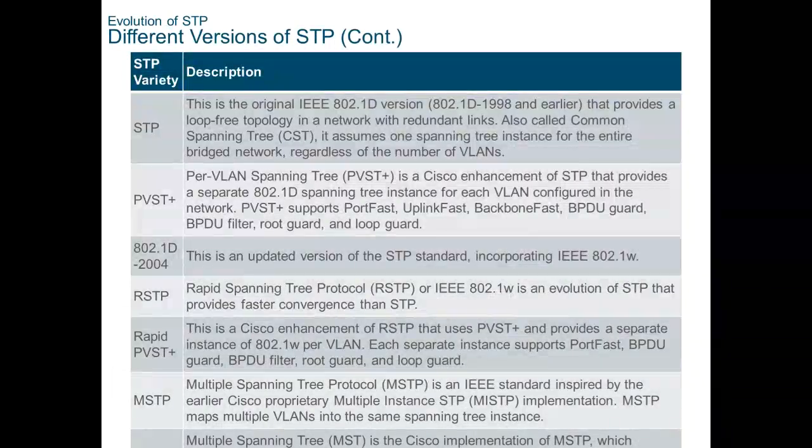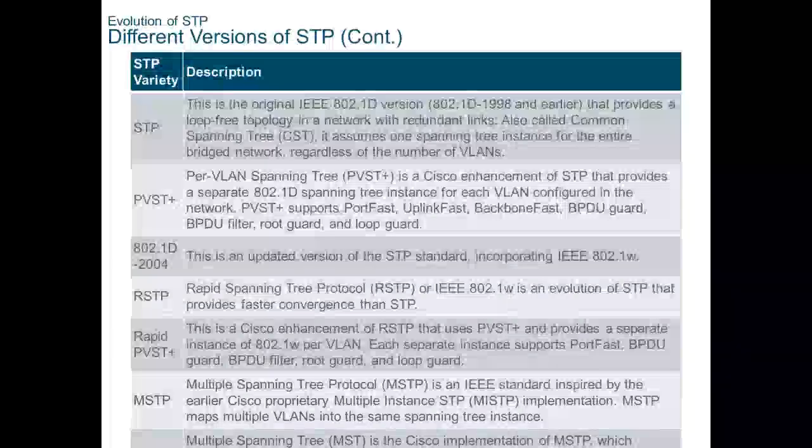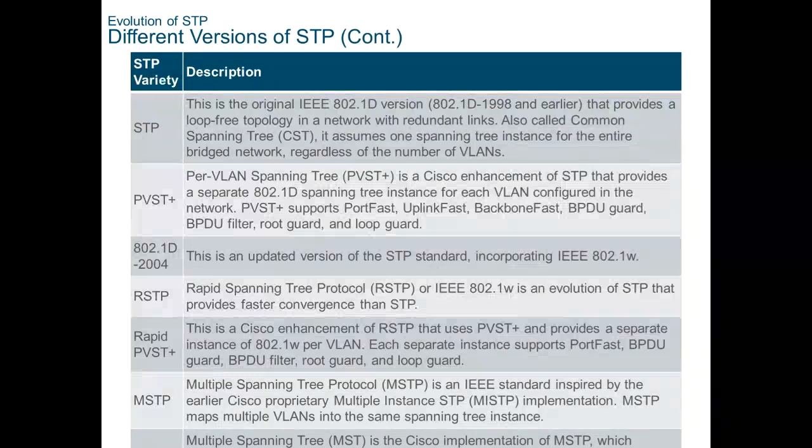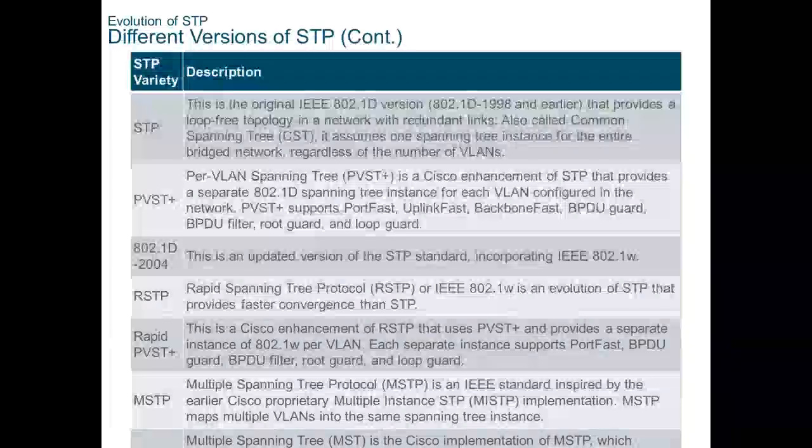There's PortFast, BPDU guards, BPDU filters, root guard, loop guard, and basically all what these are ways of manually locking in our election process, so how we rig the election.